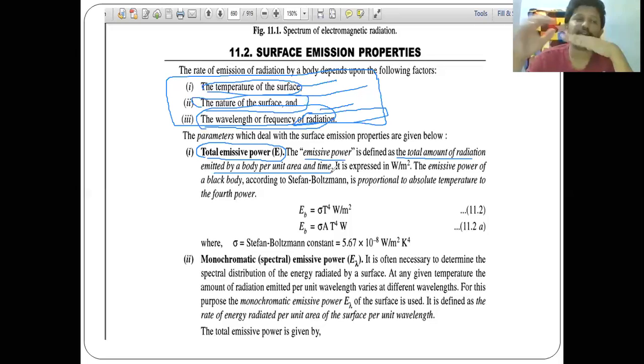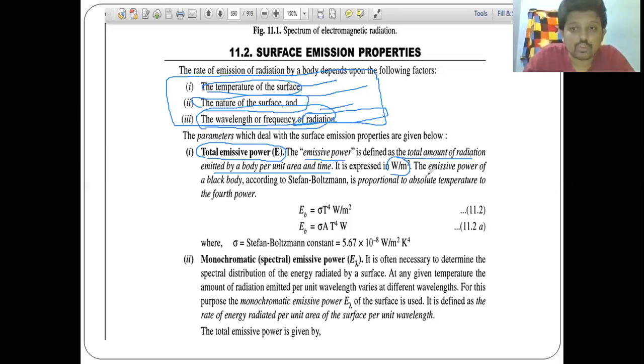That means if you are taking this as a body, there is some radiation impinged on it. Now, emissive power is the total amount of radiation emitted by this body per unit area in unit time. That is defined as total emissive power. The units for it are watt per meter square.